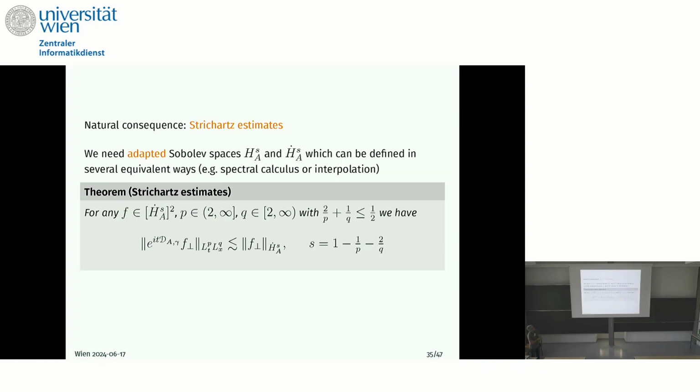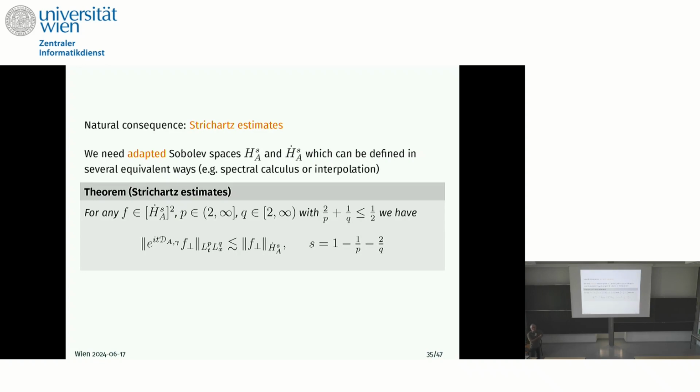And of course, immediately you ask about Strichartz estimates. It is natural to develop some theory of adapted Sobolev spaces, and afterwards you can pose the question if this is equivalent to standard Sobolev spaces, but for the moment, it's fine.